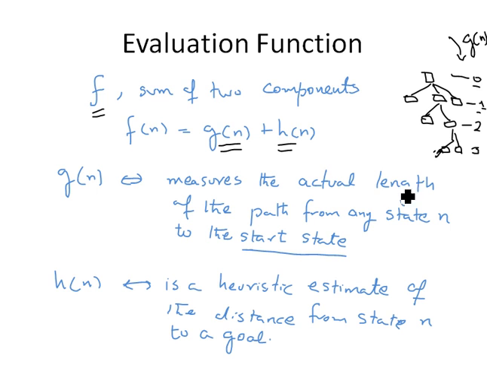The next bit that we need to understand is h(n), which is basically our heuristic estimate. I mean, what is our best guess? From our previous slide, we could use our best guess based on a simple heuristic, the sum of tiles out of place, and some combination of tile reversals plus the sum of tiles out of place. So for each tile, we would assign a value of h(n).